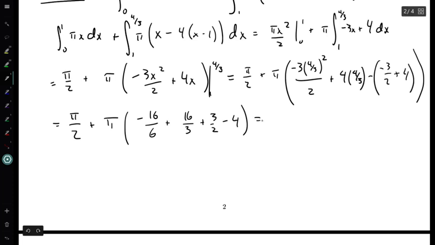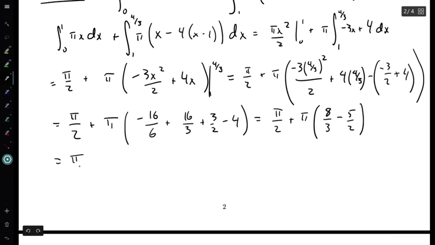All right, let's simplify some things still. Pi over 2 plus pi times minus 16 over 6 is minus 8/3, plus 16/3 is going to give me a positive 8/3. 4, we want to convert that into halves probably, so that's going to be 8/2. 3/2 minus 8/2 is going to be minus 5/2.